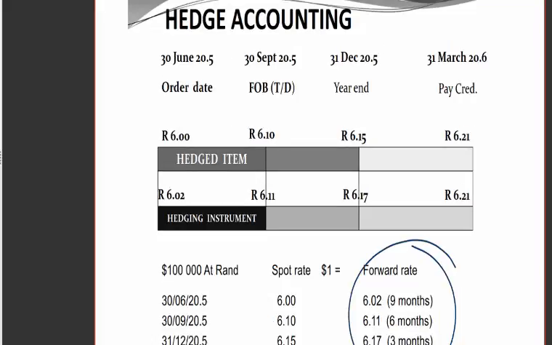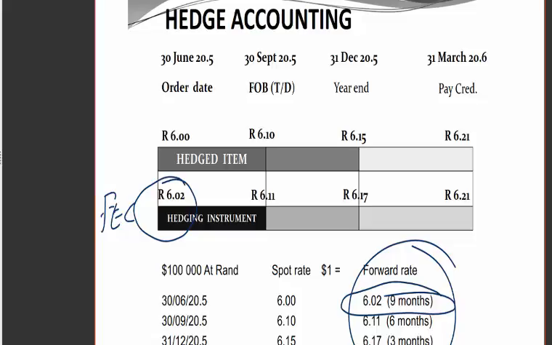Because the FEC was taken out on that date at a forward rate of 6 rand 2 cents, that will not change. The FEC is now fixed at 6 rand 2 cents.